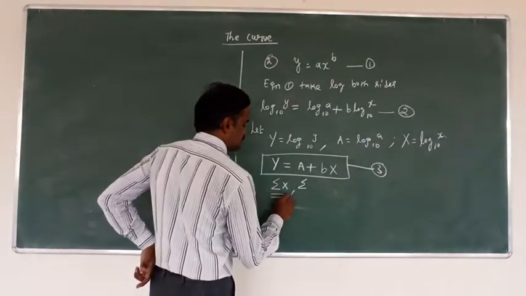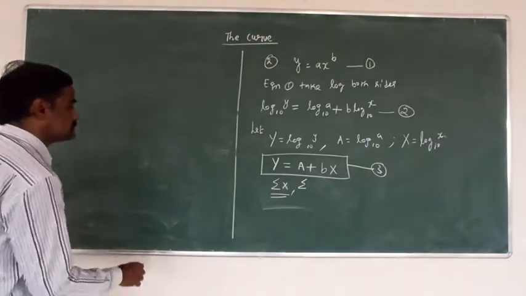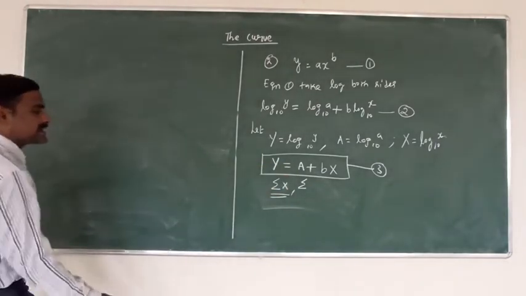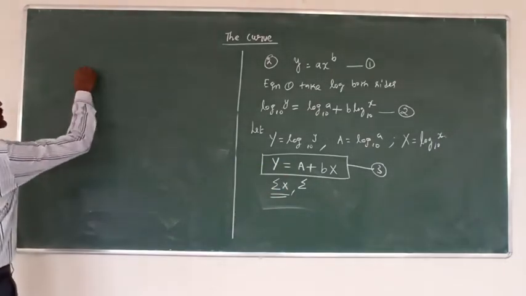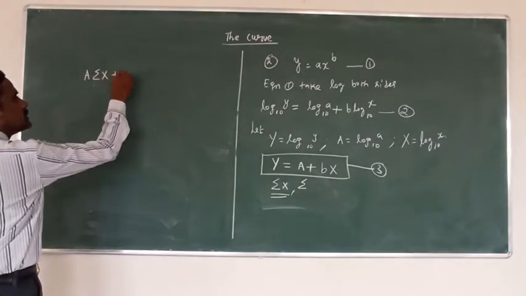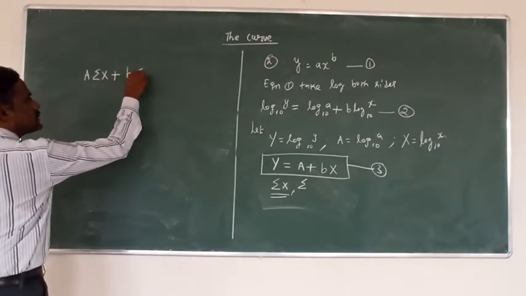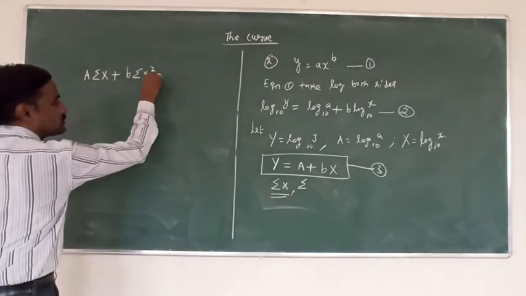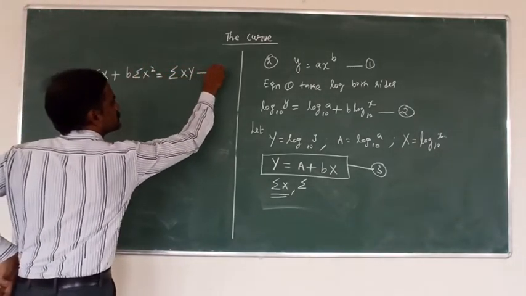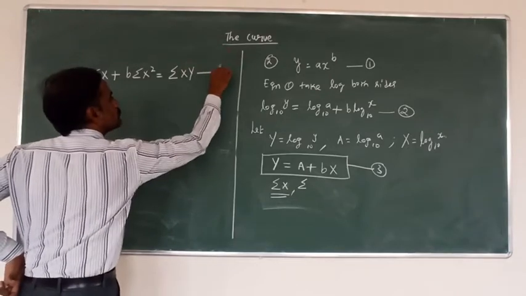First we can add the sigma x. In equation 3 we can add the sigma x both sides. A sigma capital X plus small b sigma capital X square equal to sigma capital X and capital Y. This is for equation number 4.